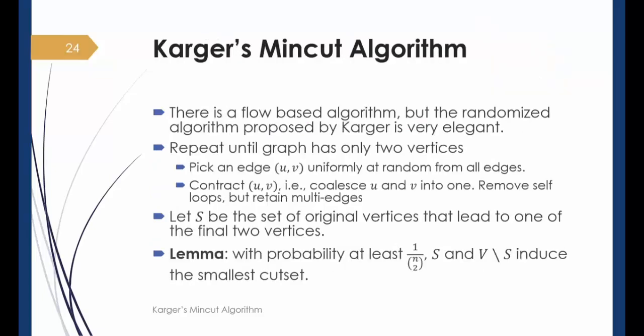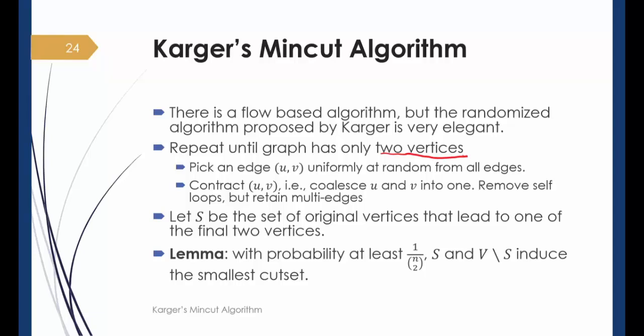So, as I mentioned earlier, you may have seen a flow based algorithm, but in today's lecture we are talking about a randomized algorithm, and here is how the algorithm goes. We start with the full graph, and we repeat the next two steps until finally we are left with just two vertices.